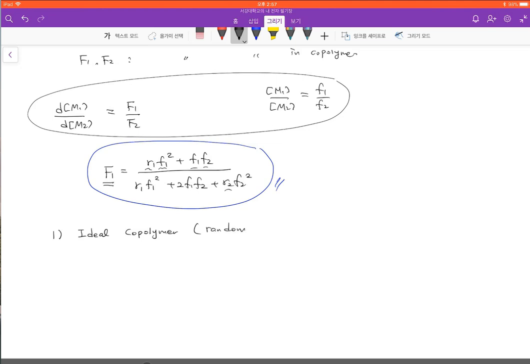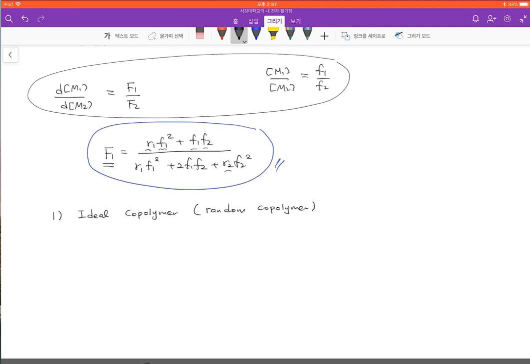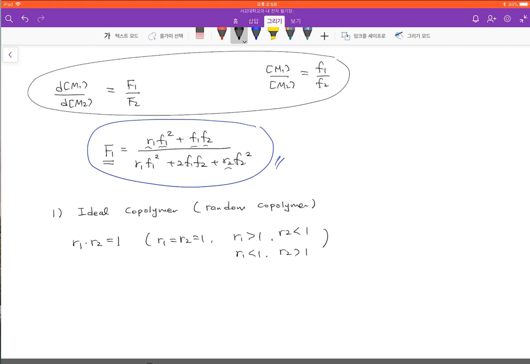The first case is called ideal copolymerization, or random copolymer. This one holds when R1 times R2 is equal to 1. So R1 and R2 could both be 1, or R1 could be larger than 1 and R2 smaller than 1, or vice versa.